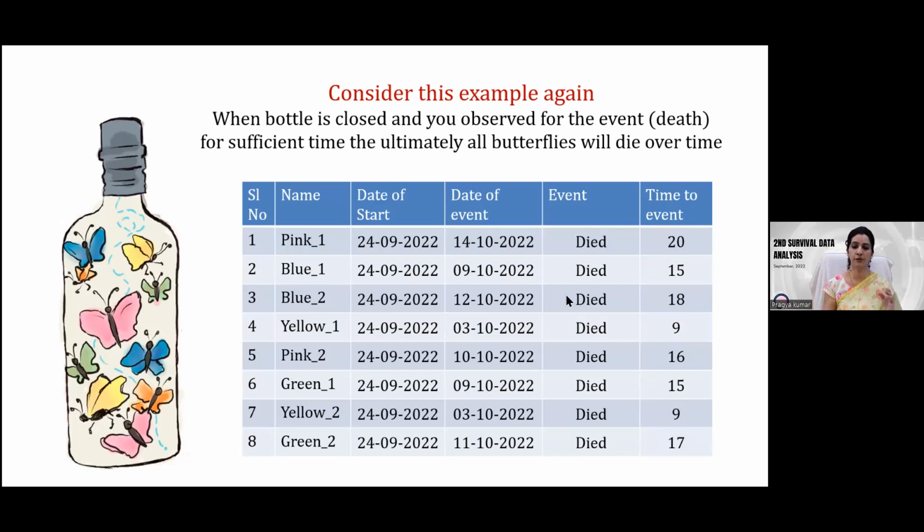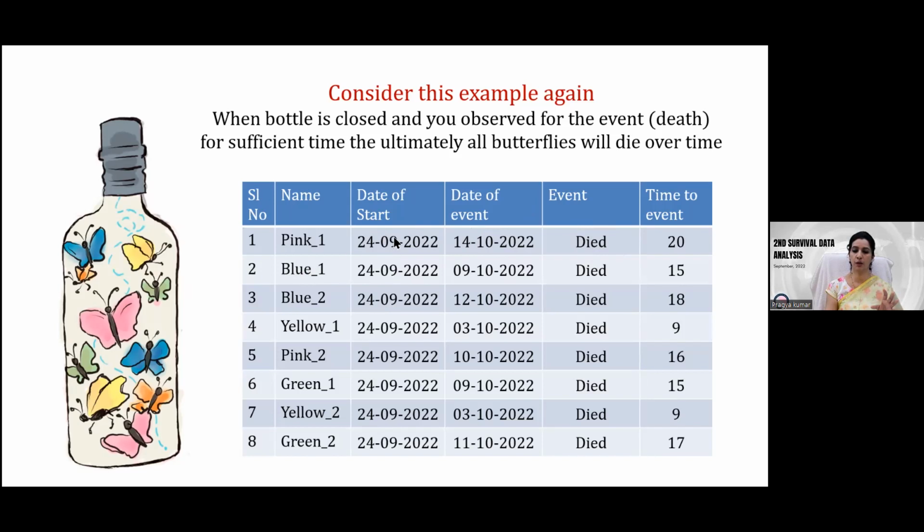So if you see the first butterfly, which is the pink one, the start date is 24/4/2022. I've started my study today, and maybe I'm just anticipating that this first butterfly's death will happen on 14th October. So the time to event is death, and the time is 20 days.